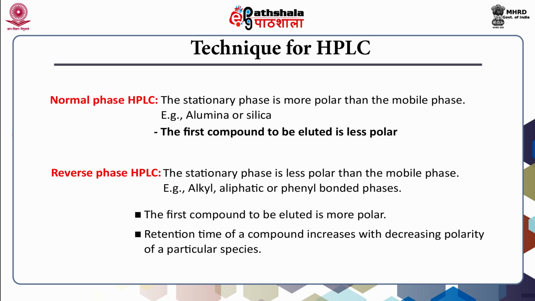That means the more polar compound will come first, its retention time is less, and also the less polar compound will come last. That means its retention time in the column is for a long time.